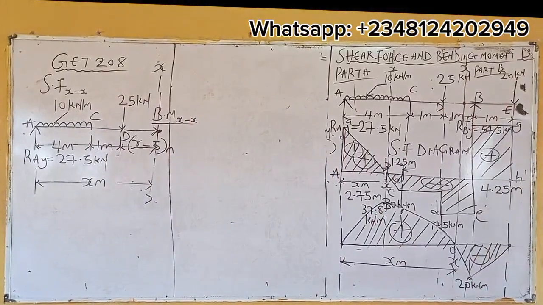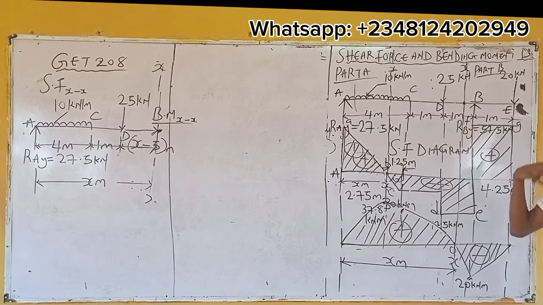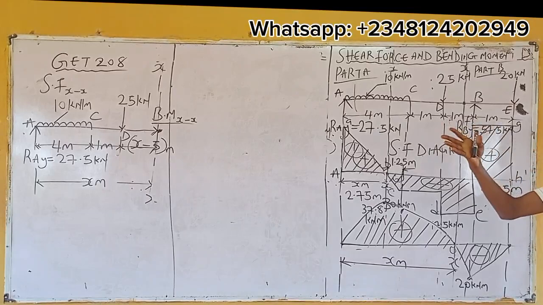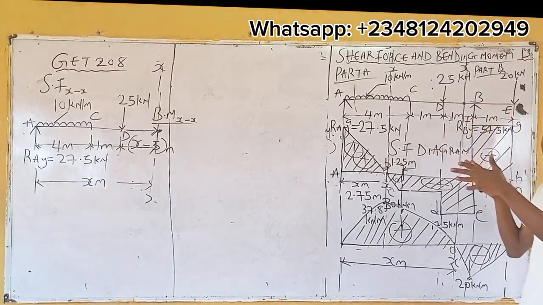That's why I said for A level, if you are not in the first class, but I believe you should have watched the video, I said for A level, the type of beam you'll be given is only what? Beam support. You can be given a simply supported beam, cantilever beam, overhanging beam, but the support you'll be seeing is a simply supported beam, right?